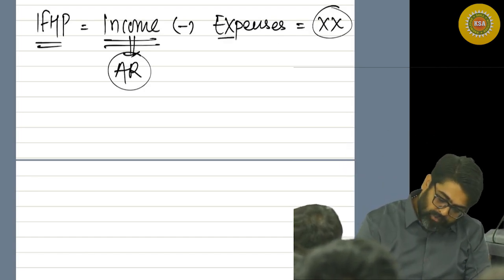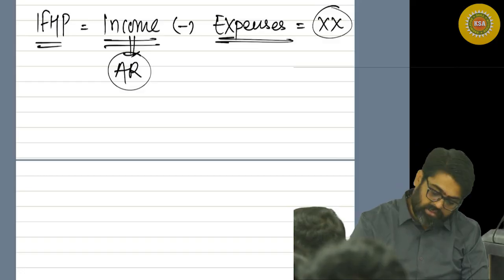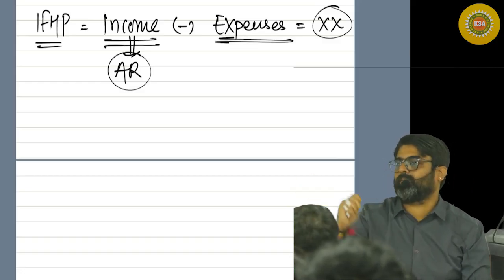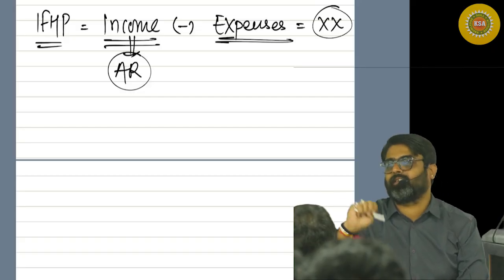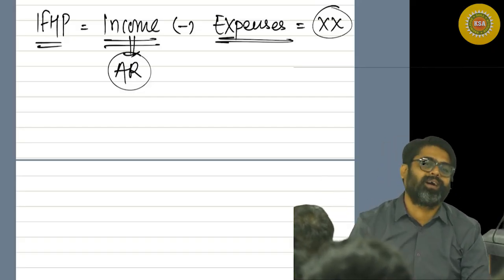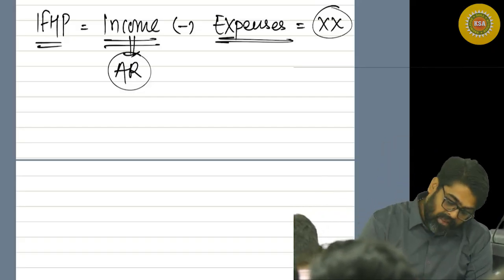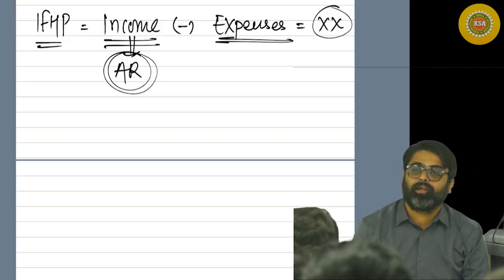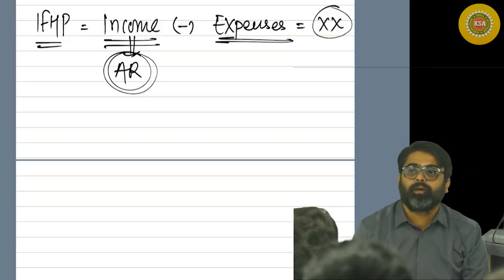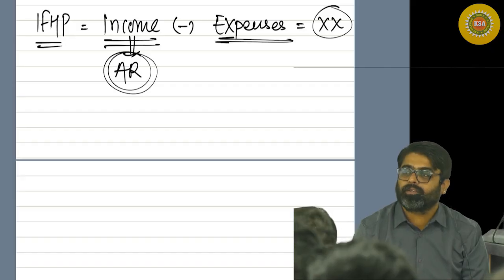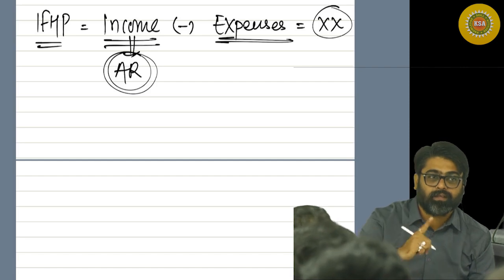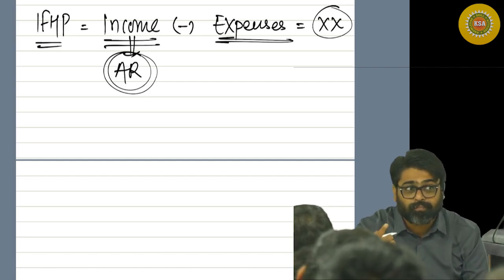And what are the expenses which are allowable under this head? Only two expenses. One, municipal tax, and second is interest. But wait, if you remember actual rent, what did I say? Actual rent is the rent for the period for which the property is actually let out during the previous year, whether received or receivable.